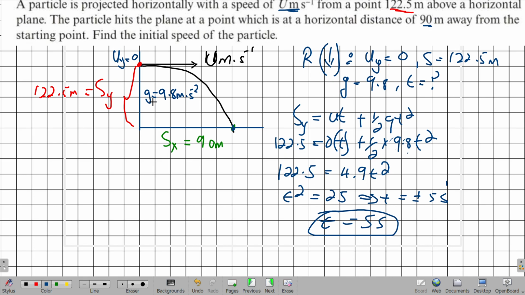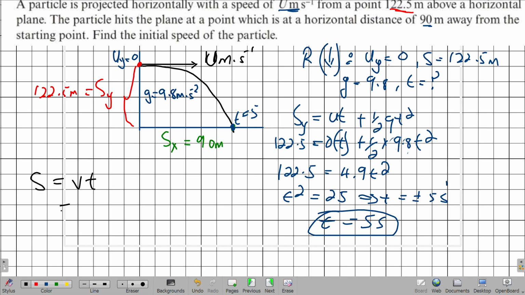So we now know that this projectile takes 5 seconds to get to this point here, which is vertically 122.5 and horizontally 90 meters. So the question says find the initial velocity. To find the initial velocity, we are going to say horizontally, since acceleration is 0, what we know according to the formula is that horizontally, displacement is just v times t, which you usually call distance is speed times time.